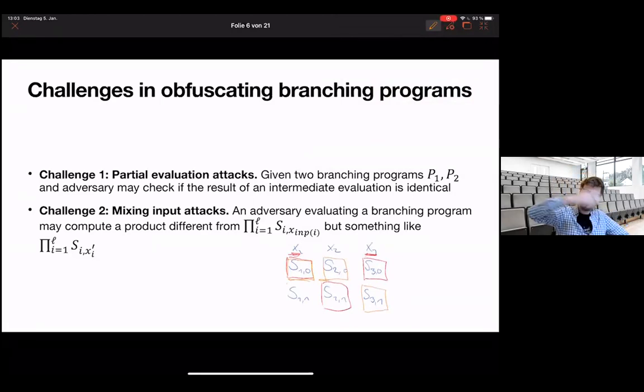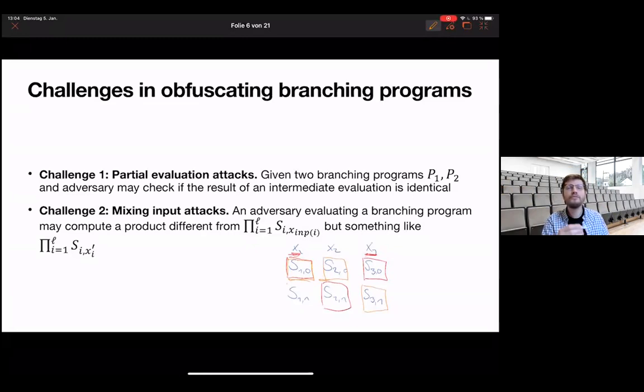So he evaluates this branching program in a way which would never happen in an honest evaluation. So these are the two main challenges in obfuscating branching programs.